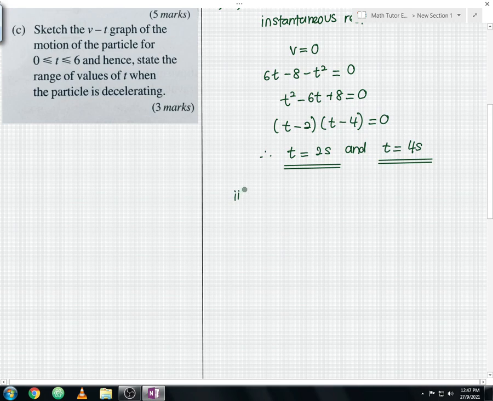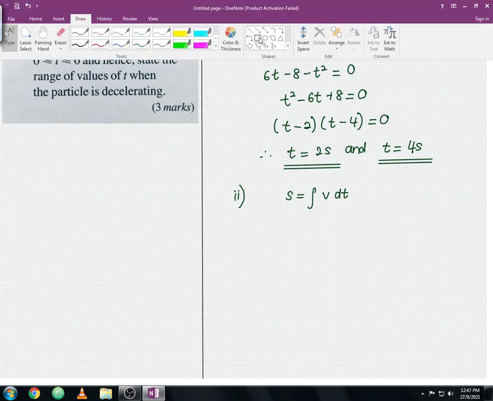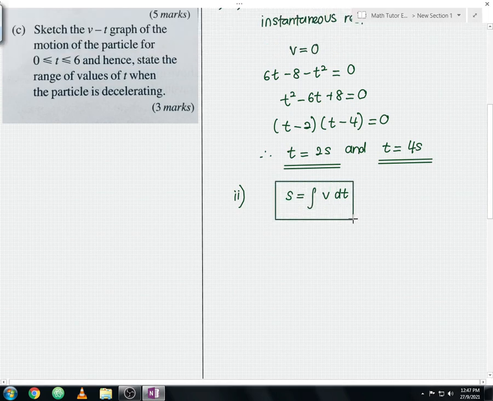Okay, so let us integrate the velocity to find the displacement. So from here S is equals to the integration of velocity with respect to time. So let me box this. Okay, so S is equals to the integral of the velocity.